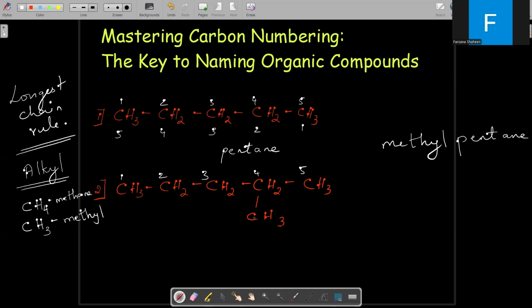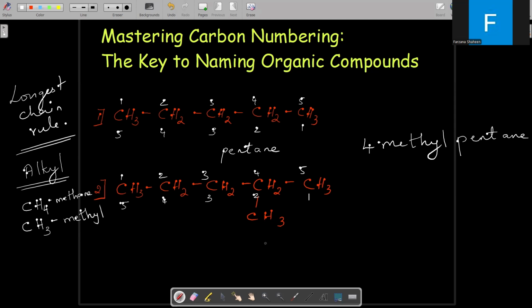So which carbon is the methyl group attached to? It is attached to the 4th carbon. So we need to mention the number: 4 methyl pentane. But hold on. I can also number it this way, right? I can number it as 1, 2nd carbon here, 3rd, 4th, and 5th.